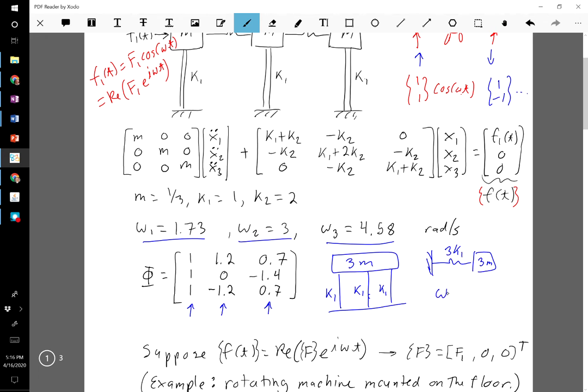And we can just look at that and we know that the natural frequency would have to be the square root of 3k over 3m. Because the mass is 1/3, that gives us the natural frequency of 1.73. So we could have kind of guessed that.